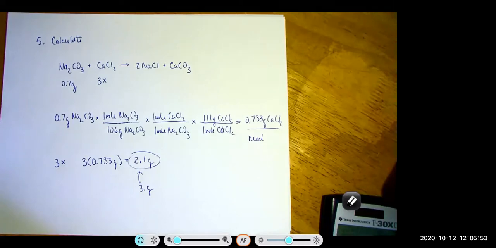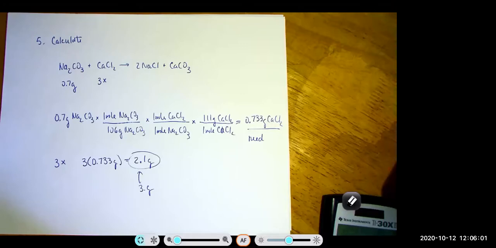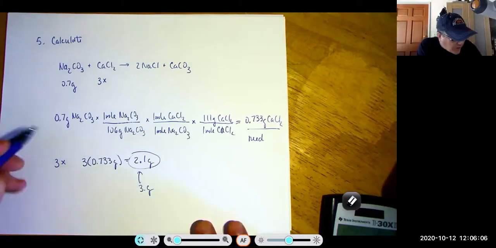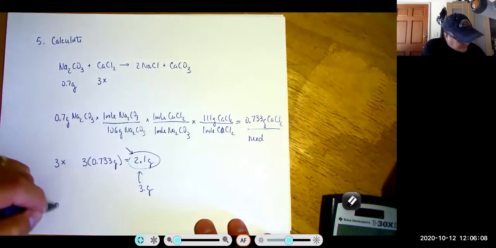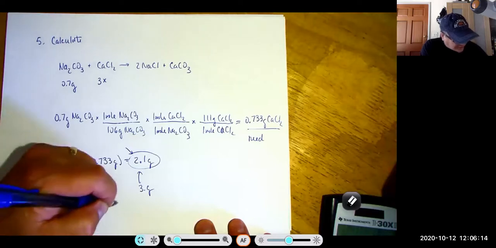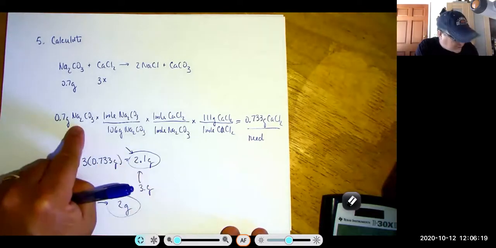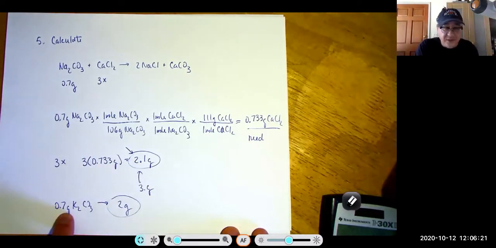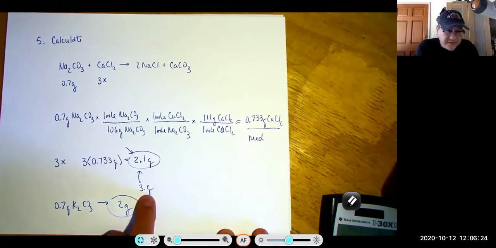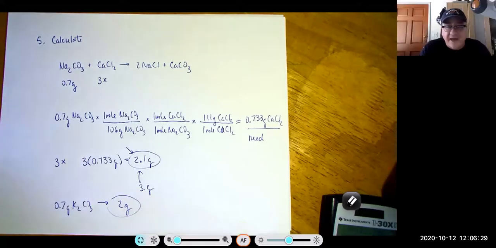Do you think that's going to be a 3-fold excess? I think so. Well, let's think about it. This requires 2.1 grams. If I do this, the answer is probably going to be close to 2 grams also. So if you use 2 grams for this reaction and 2 grams for this reaction, do you have enough? No. So maybe you try 0.5 and see if that works.